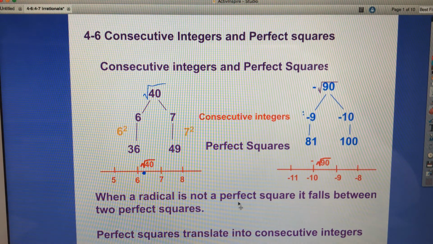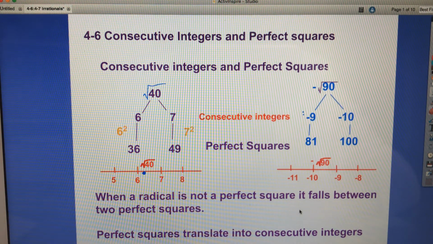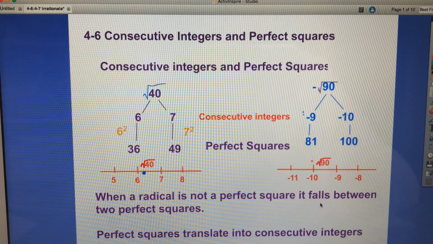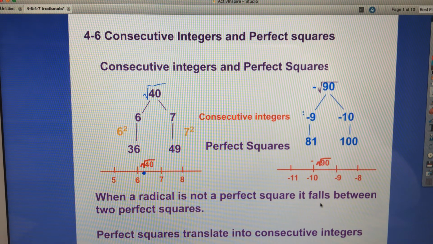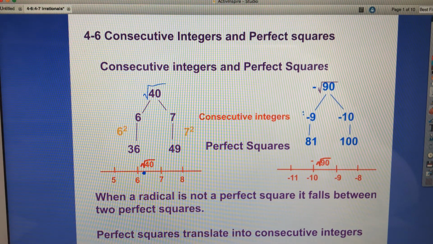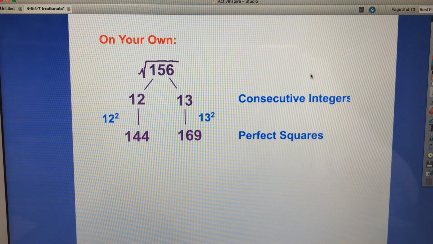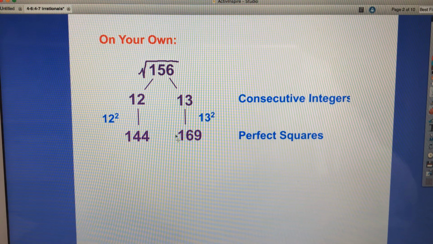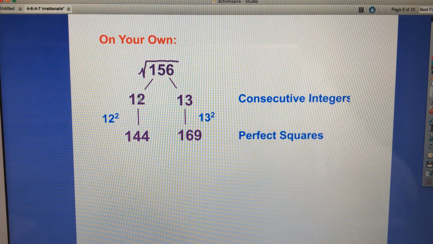When a radical is not perfect, it falls between two perfect squares. And those two perfect squares translate into consecutive integers. Try it on your own. I don't have the device that allows me to cover this. Square root of 156 in your calculator is 12 point something.